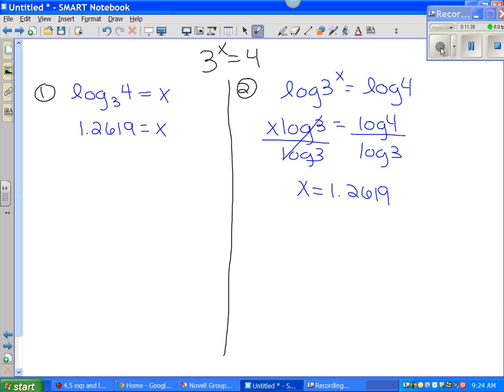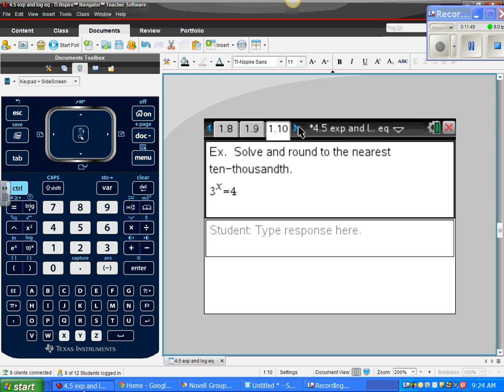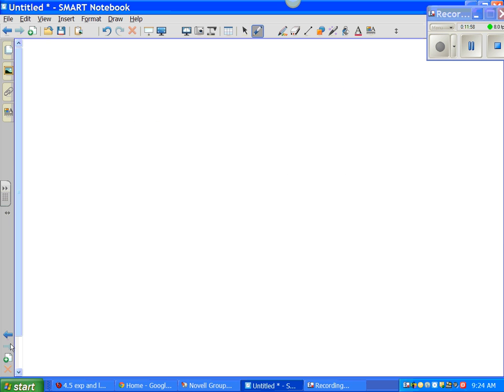Not so bad, right? Okay. All right, so we're going to do one more. All right. 6 raised to the 2x equals 21. So, both methods.